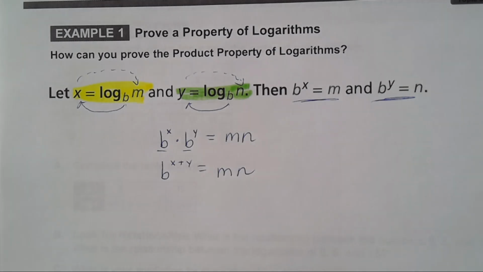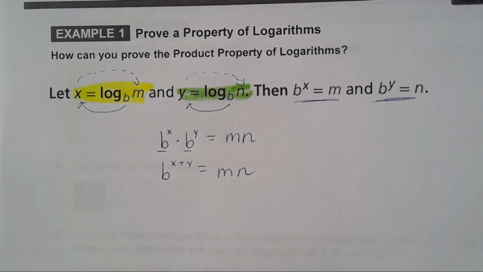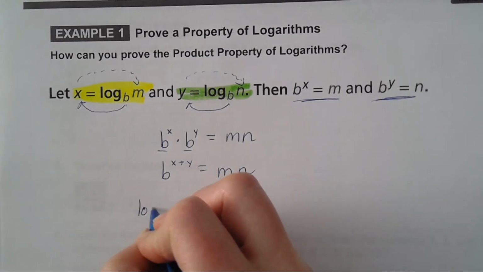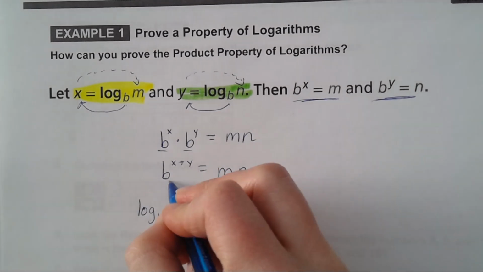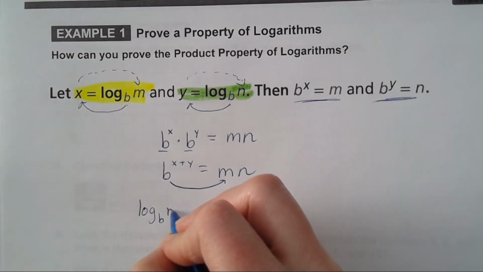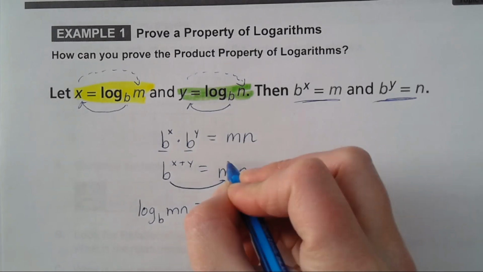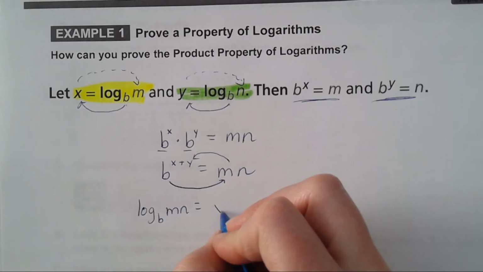Okay, now I want to change forms. I want to bring this back into log. So we have log base b of mn is going to equal the exponent x plus y.